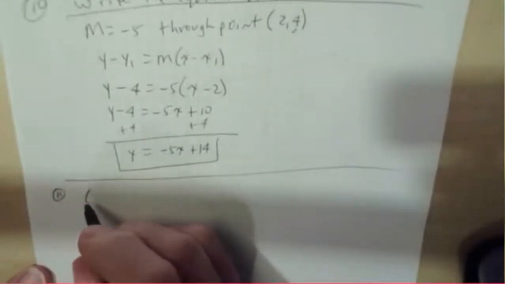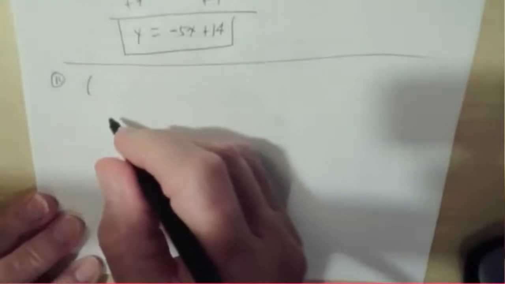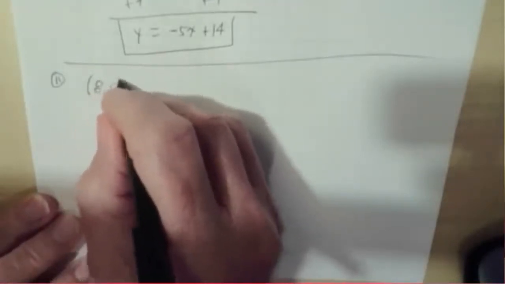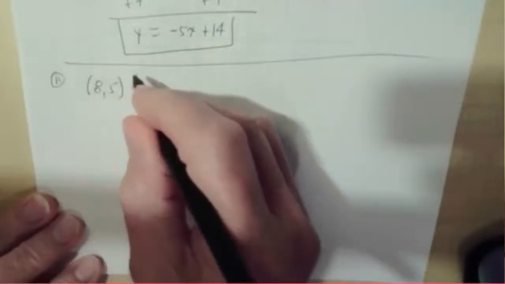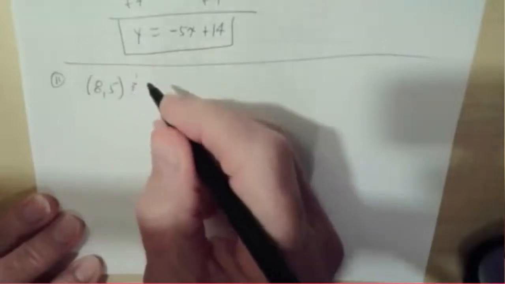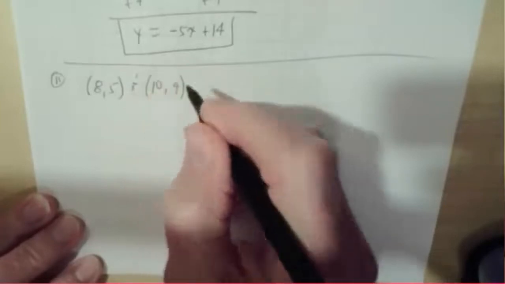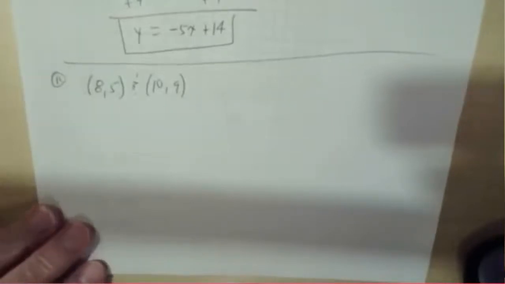If you're given 2 points, let's say 8, 5, and 10, 9. Now again, what they're going to say is write the equation of the line through these points. What is it that we can do from 2 points?